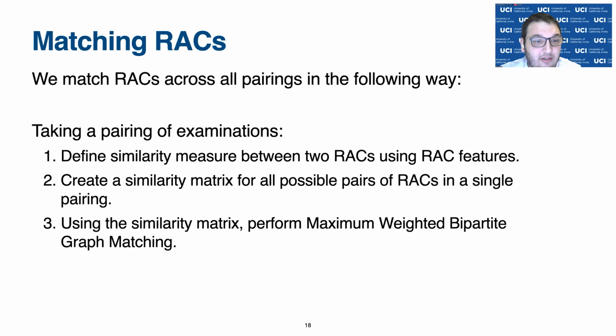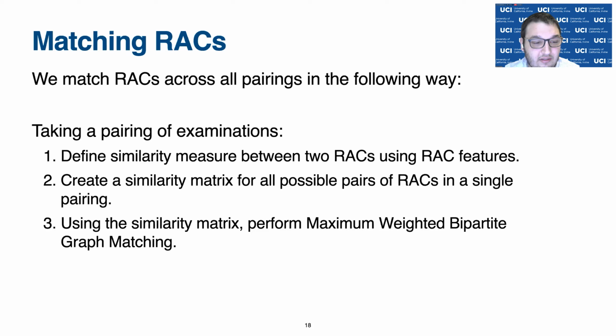The way we match RACs is that for each pairing, say we take 2 of the examinations, we define a similarity measure between 2 RACs, one from the first examination and one from the second examination. Then we create a similarity matrix across all pairings: the similarity of all RACs in examination 1 to all RACs in examination 2.